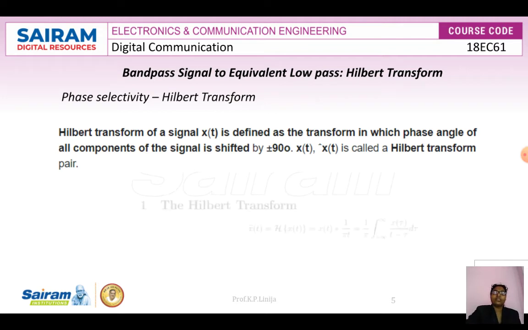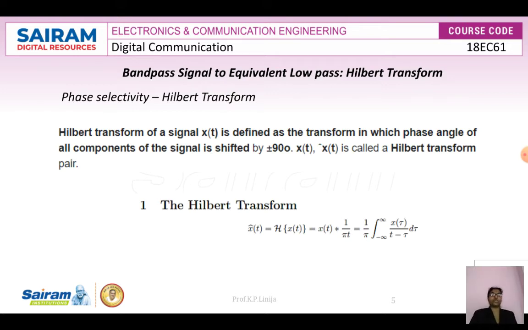Mathematically it can be expressed as x cap of t equals the Hilbert transform of x(t), which equals x(t) convolved with 1 divided by pi t. How this pi t has come, let us discuss in the further block diagram. 1 divided by pi times the integral from minus infinity of x(tau) into t minus tau d tau.